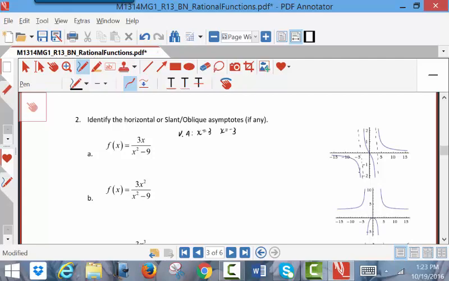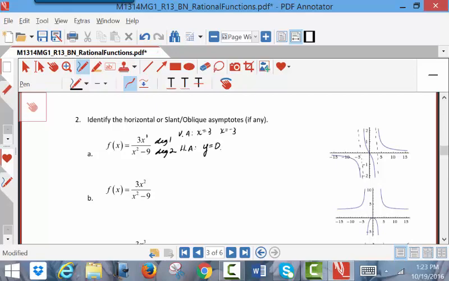Now you either have horizontal or oblique. You don't get both, one or the other. So the degree of the numerator is 1, and the degree of the denominator is 2. If the degree of the numerator is less than the degree of the denominator, it is a horizontal asymptote where?